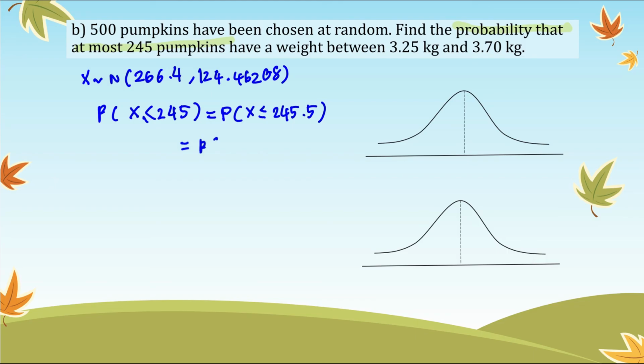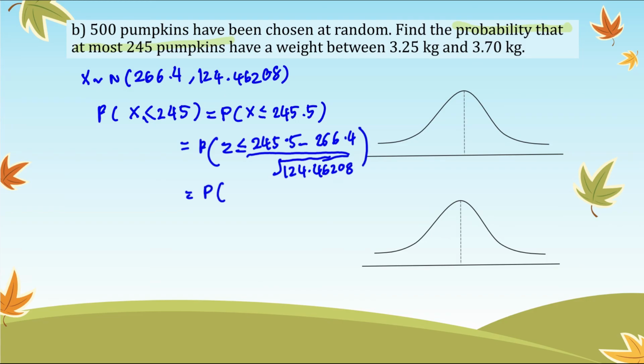Next step, we standardize. Z less than equals to 245.5 minus with mean, divide with standard deviation, square root of 124.46208. The value will be Z less than equals to negative 1.87. We only use two decimal places because we want to refer it in the table.